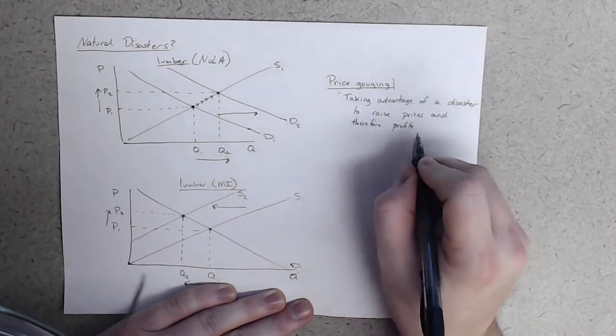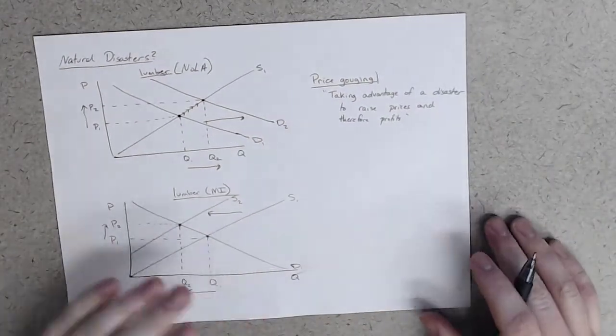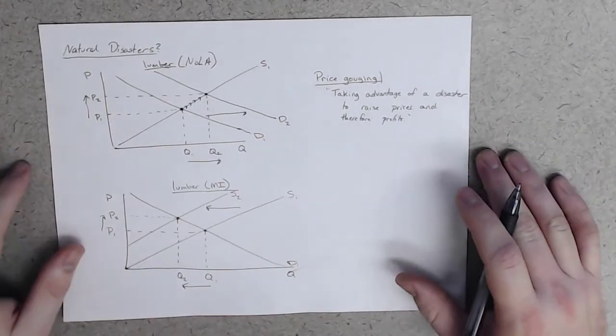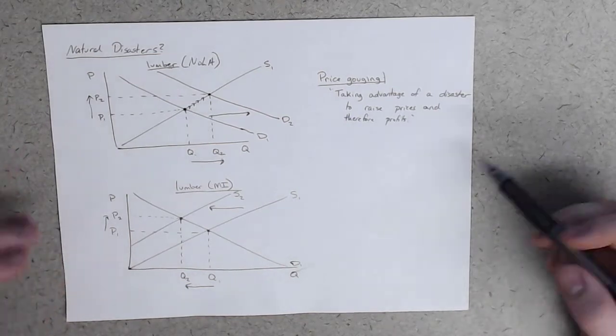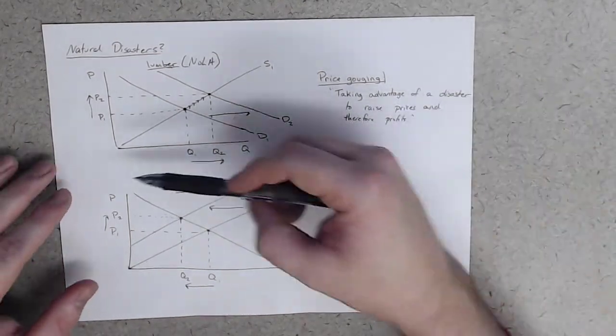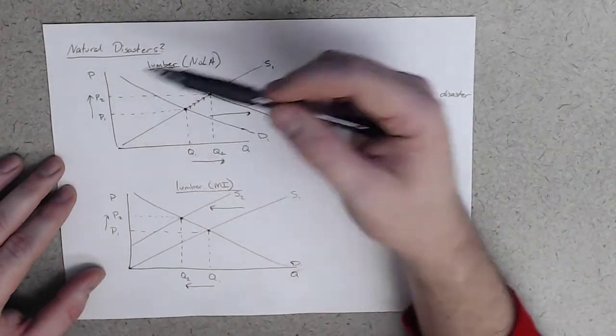Right? This is how the media defines price gouging, how people that are opposed to price gouging typically define it. Right? So people do not like price gouging. They do not like this.